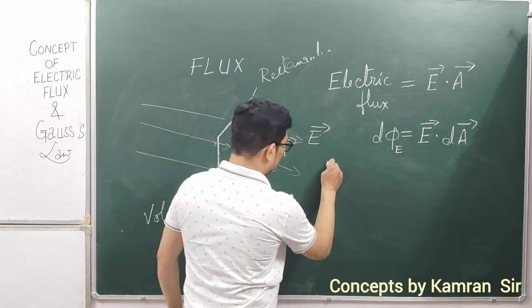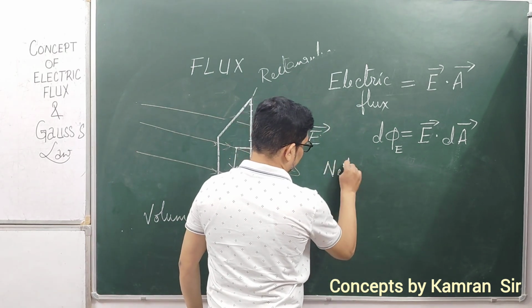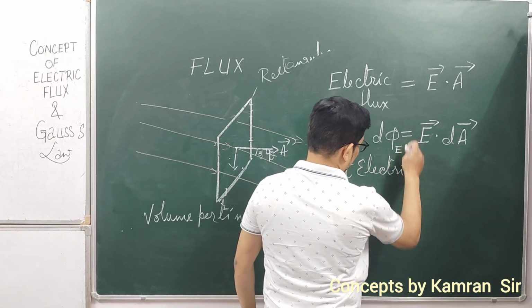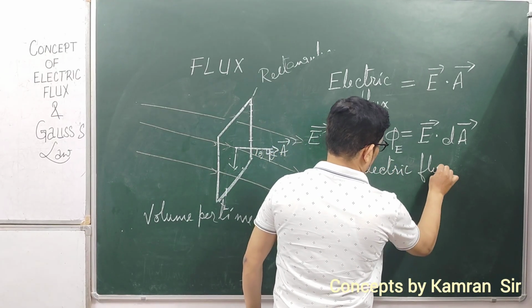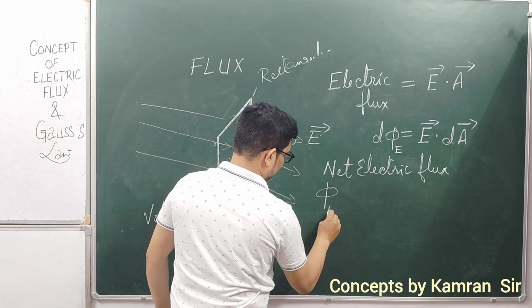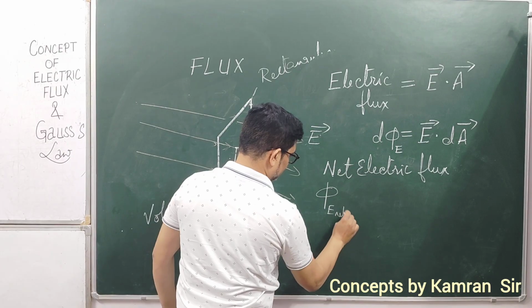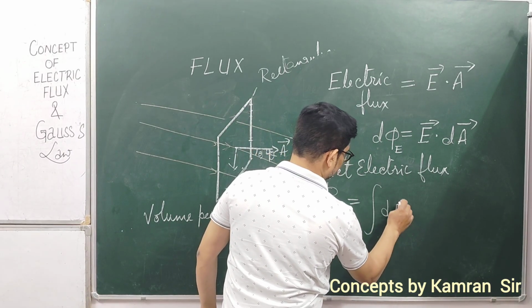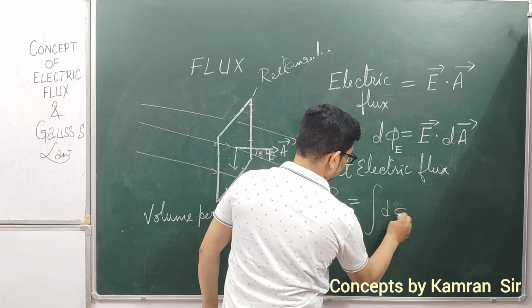If I want to find the net electric flux from this equation, we'll have to integrate this. So this net phi E would be equal to the integral of d phi, right?